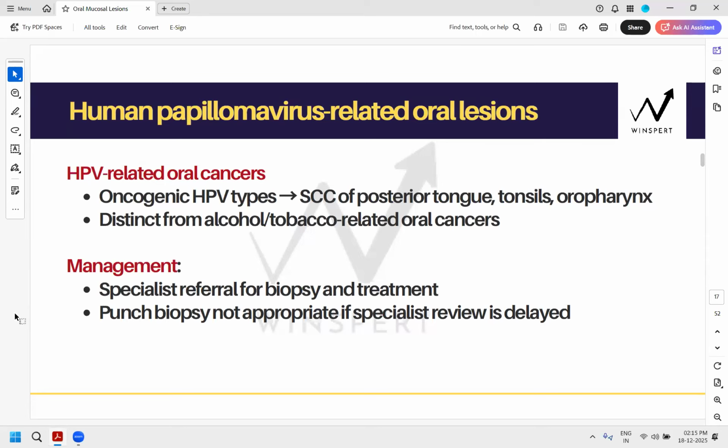HPV will be under non-malignant, or the red flag list, depending upon the location. Otherwise, it will be under non-malignant because it indicates systemic diseases, sexually transmitted diseases, right?